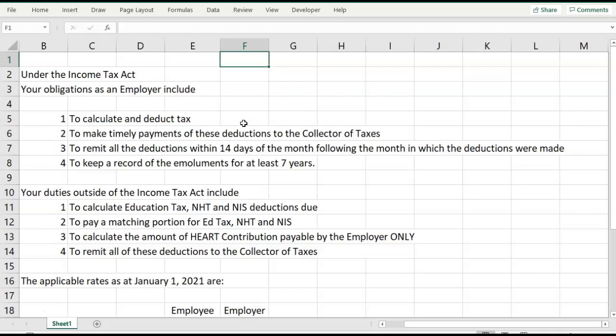You also, as an employer, have an obligation to make timely payments to the collector of taxes. So when you take the taxes out of people's salary, you need to pay it over. Pay to whom? Pay to the collector of taxes.